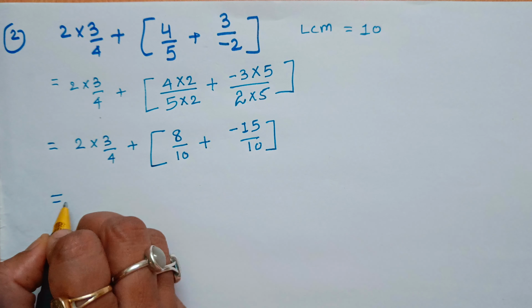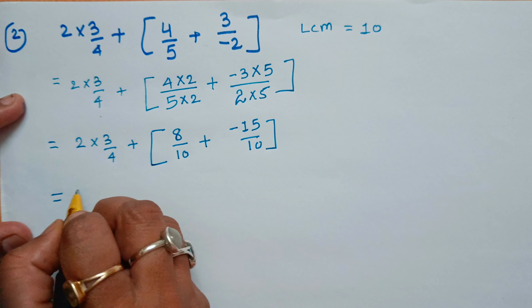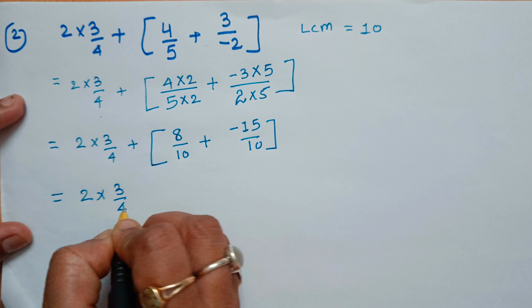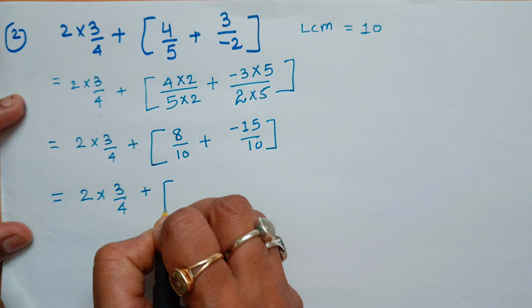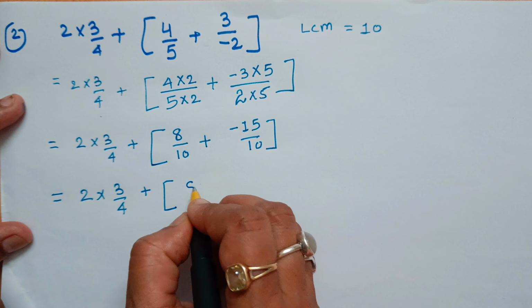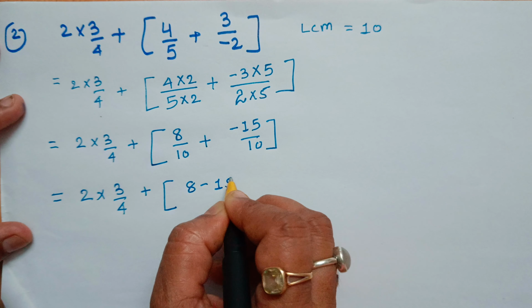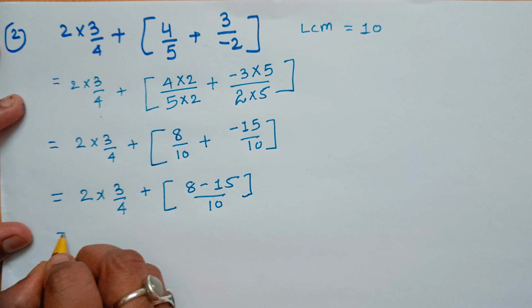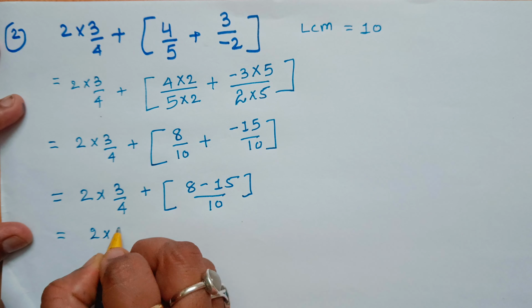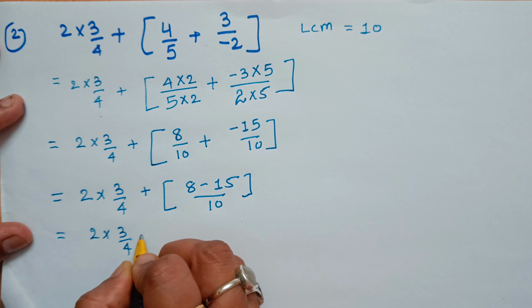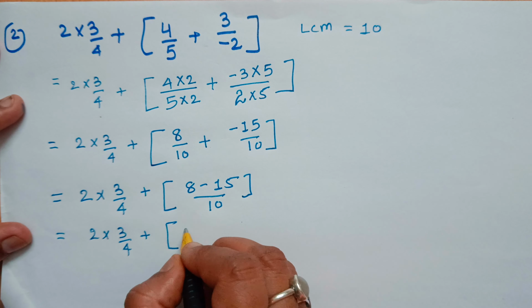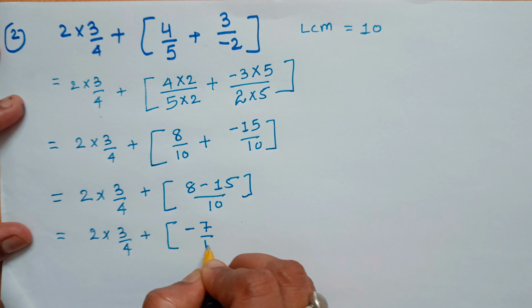It is equal to, now, 2 multiplied by 3 by 4 plus 8 minus 15 divided by 10, is equal to 2 multiplied by 3 by 4 plus 8 minus 15 is minus 7 by 10.